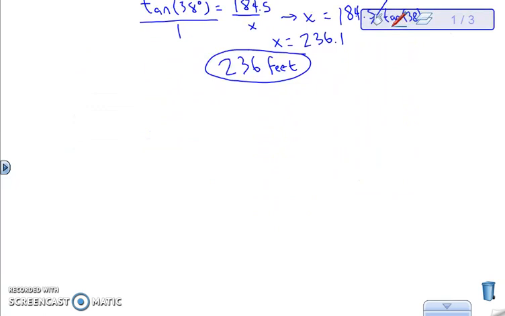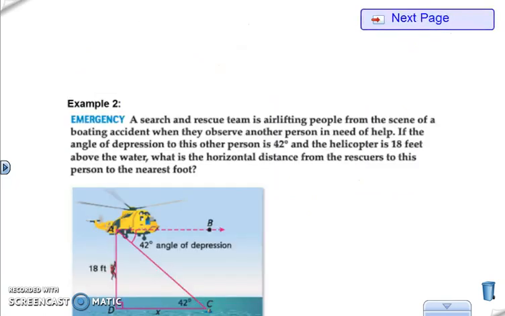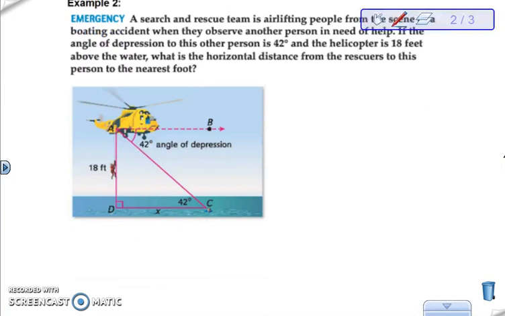Alright, so for example 2. This time we are given an angle of depression, but if you look at the way the triangle shapes up, it actually winds up looking pretty much exactly the same. So again, we want to refer back to our sine, cosine, and tangent.